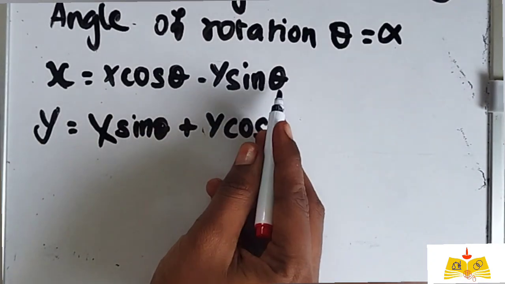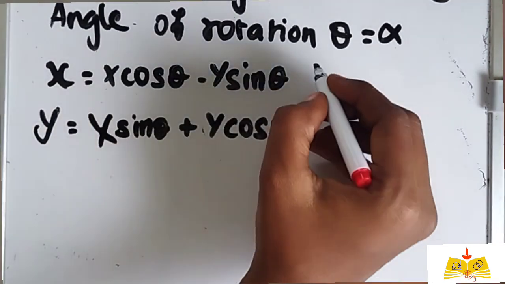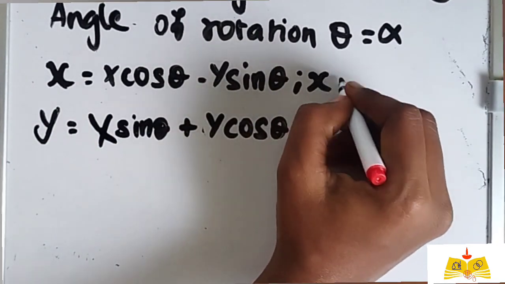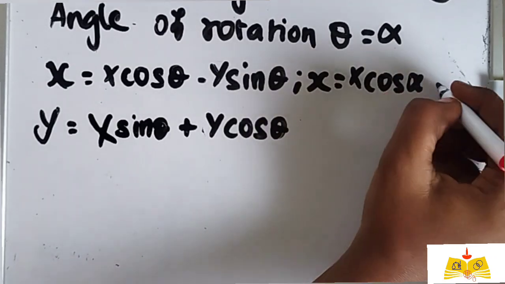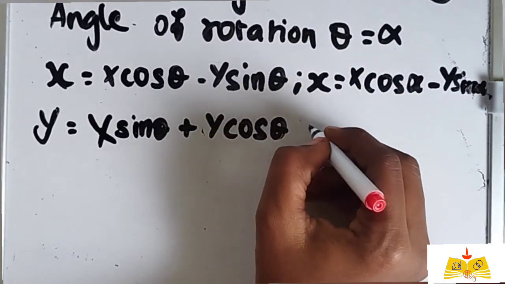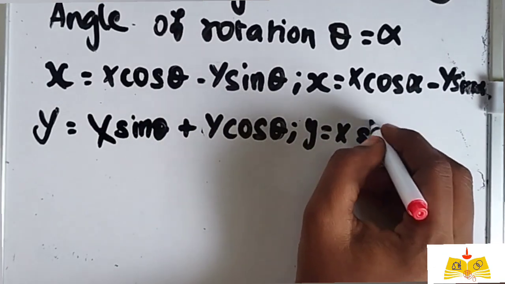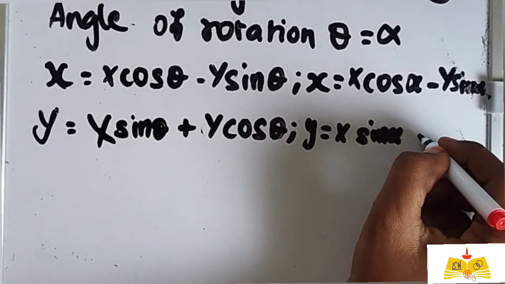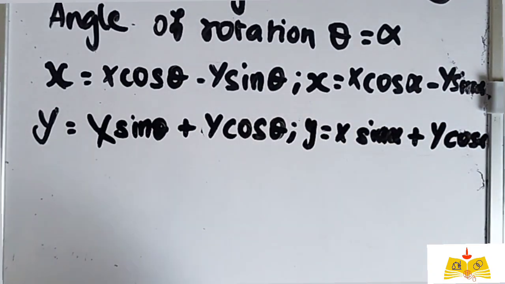Here in place of theta, we should substitute alpha. So x will become x cos alpha minus y sin alpha. Similarly, y will become x sin alpha plus y cos alpha.